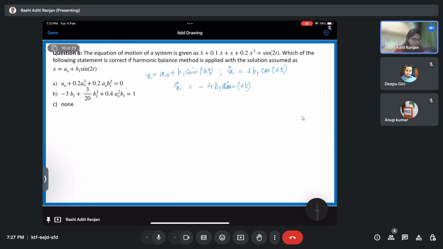Okay, this is clear. Apart from that, we have x and we have x cube. So we will have to find the x cube, which will be a naught cube plus b1 cube sine cube 2t plus 3 plus 3.